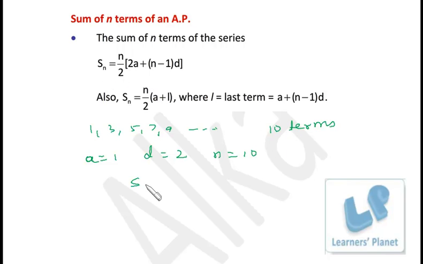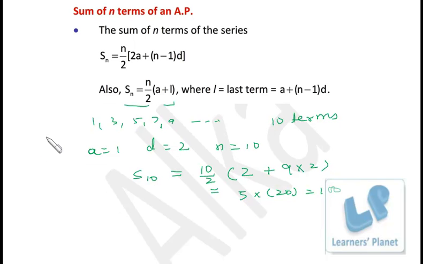So the sum till 10 terms, S10, will be equal to n by 2, that is 10 by 2, times 2a, that is 2 into 1, plus (n minus 1), 10 minus 1, 9, into d, which is 2. So it is 5 into (2 plus 18), that is 20. So it is 100, right? So the sum of the first 10 terms will be 100.